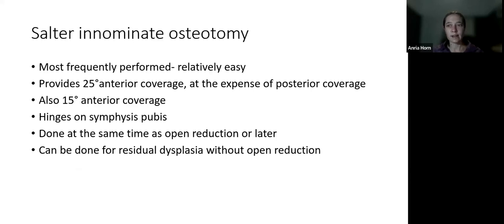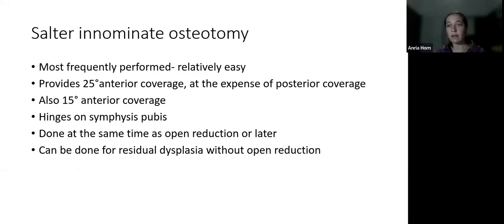A brief mention of the Salter. Internationally, it's probably one of the most frequently performed because it's relatively easy. You just expose the ilium, find the sciatic notch, use a Gigli saw, take a piece of bone, and wedge it in there. It's not a very difficult osteotomy, but I think as a result, people underestimate it and sometimes get it wrong.